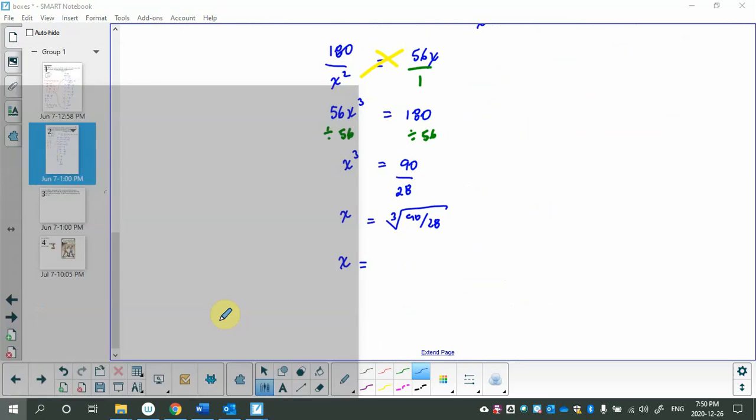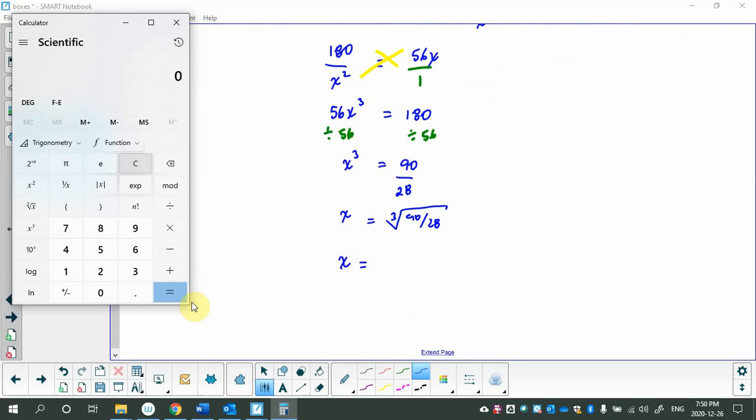So calculator. So if I prefer, I'm going to take the 180 divided by 56 just in case I reduced and screwed up. There we go. And then I'm going to cube root that. And I get 1.4758. So I'm going to say 1.48.